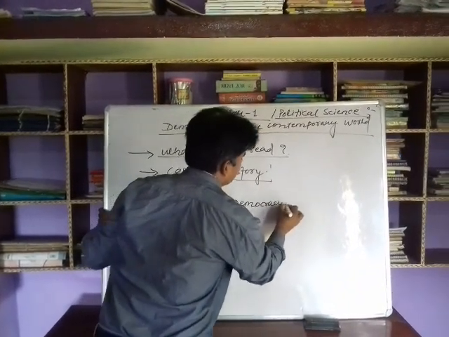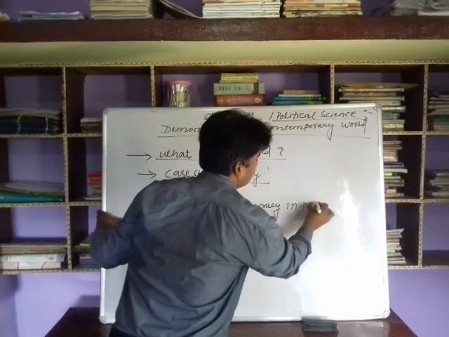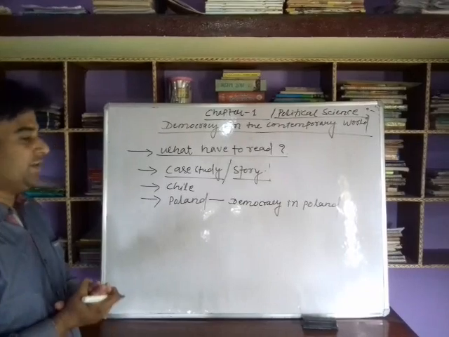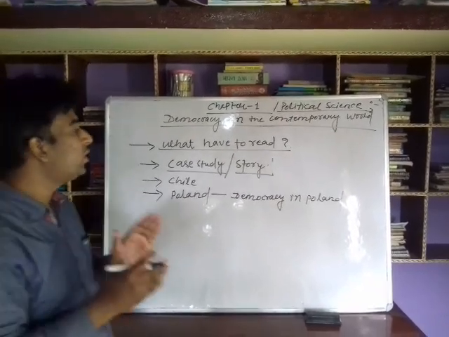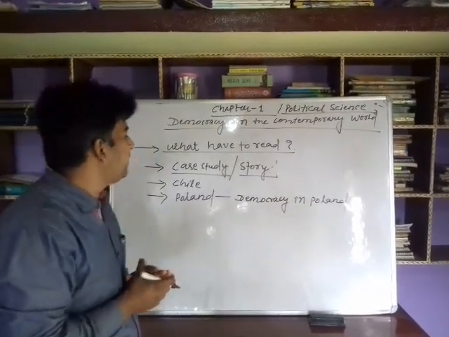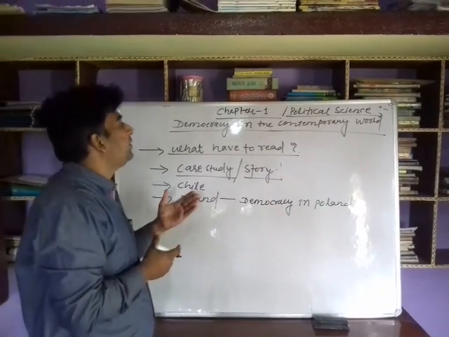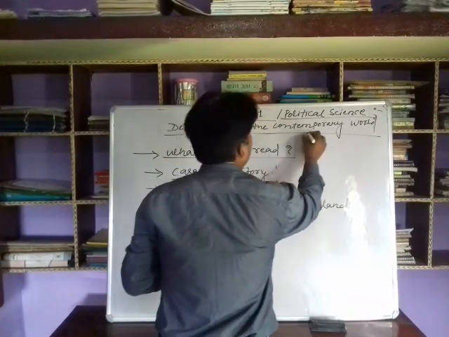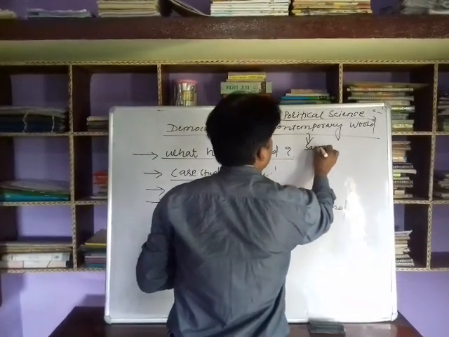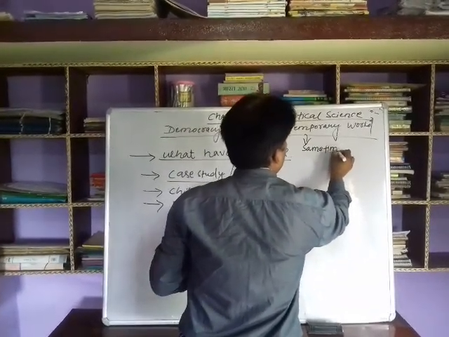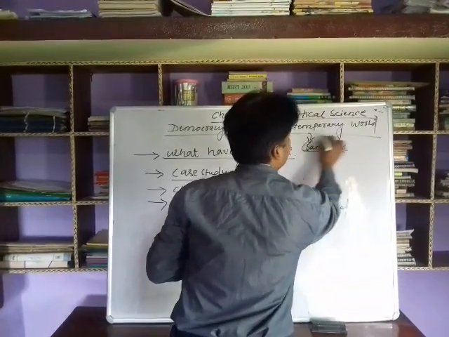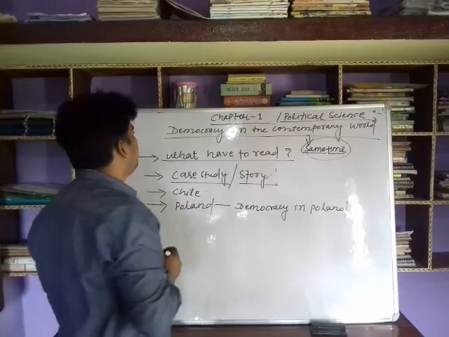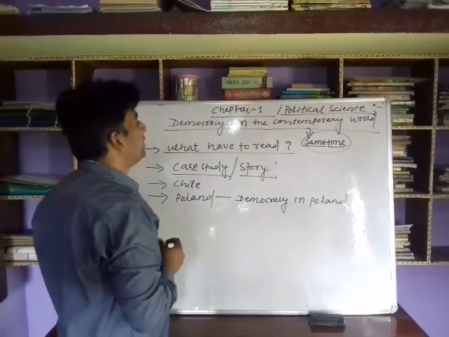Democracy in Poland. Dear students, here we discuss all the democratic ideas that happened in contemporary time. You know, contemporary means the same time, when two events happened at one time, that is the contemporary time.